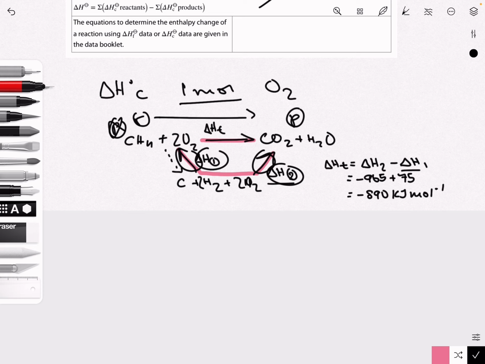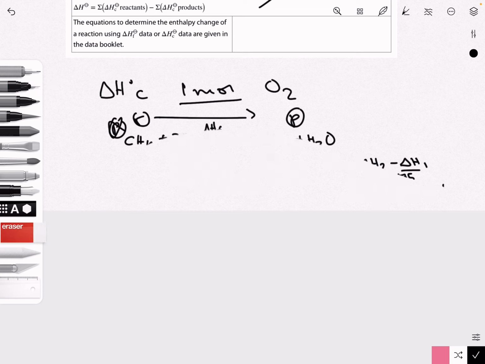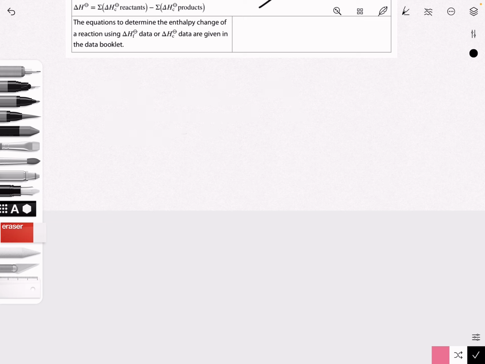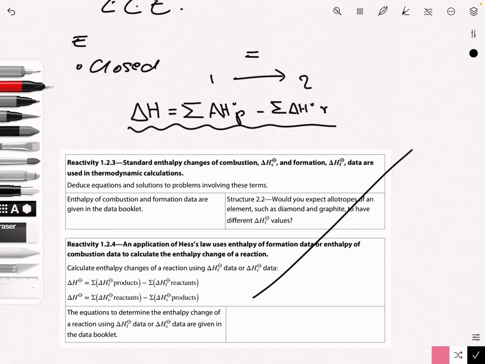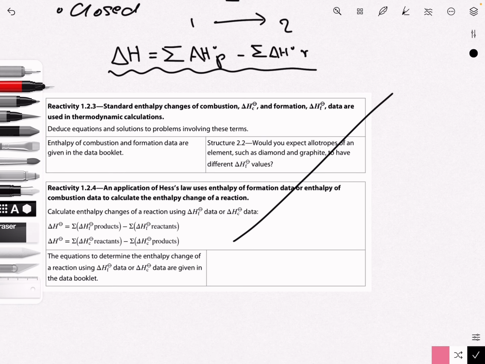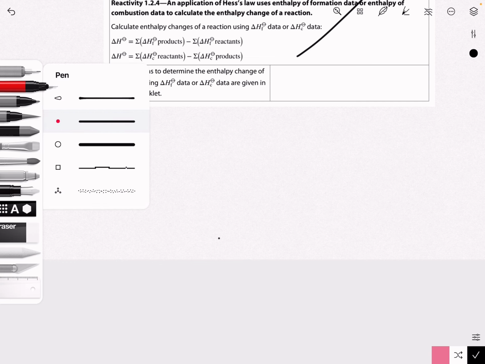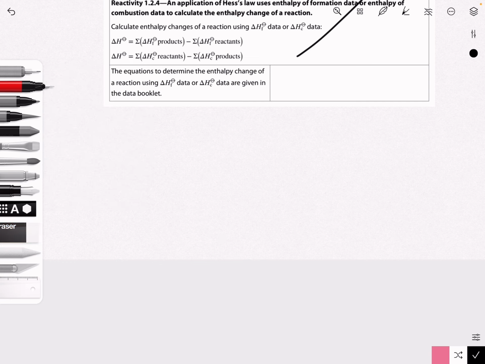Let's just take another little example in which we do not have constituent elements at the bottom, but as our reactants, as we did down here before I had to erase them for a standard enthalpy of formation. So let's do another combustion one.